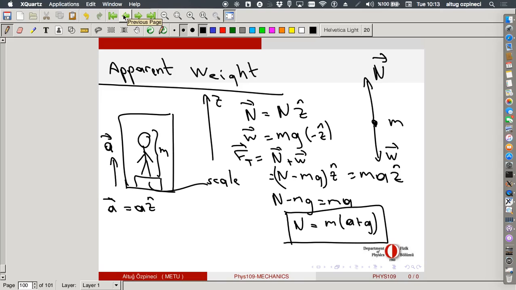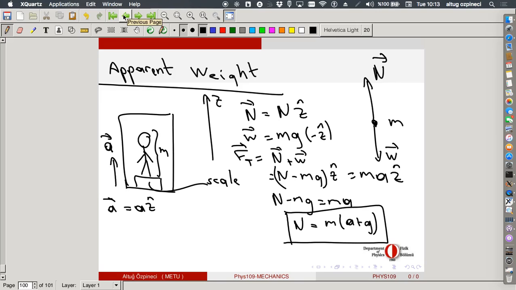Now you see here, this is the force that the scale exerts on the man. And Newton's third law just tells me that the force that the man exerts on the scale has the same magnitude, m times a plus g. It's just pointing in the minus z direction, the reaction force.